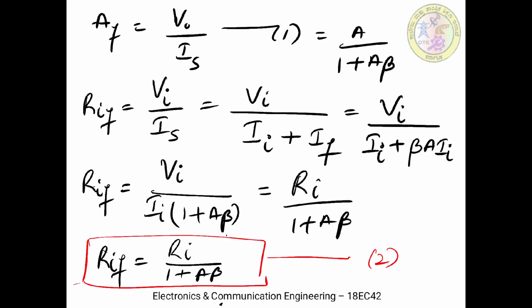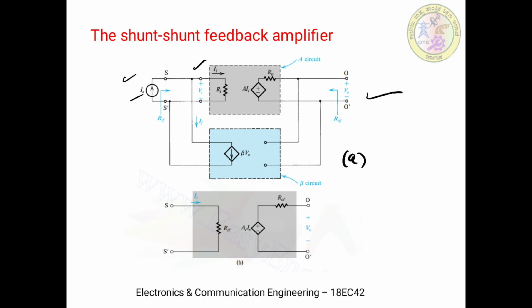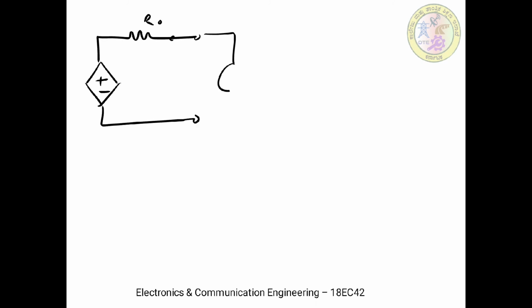Now similarly we can derive the expression for the output resistance ROF. To find the output resistance, IS is made equal to 0. So we can write an equivalent circuit for this, with R0 the output resistance, and here we have the test voltage Vt at the O dash terminal.